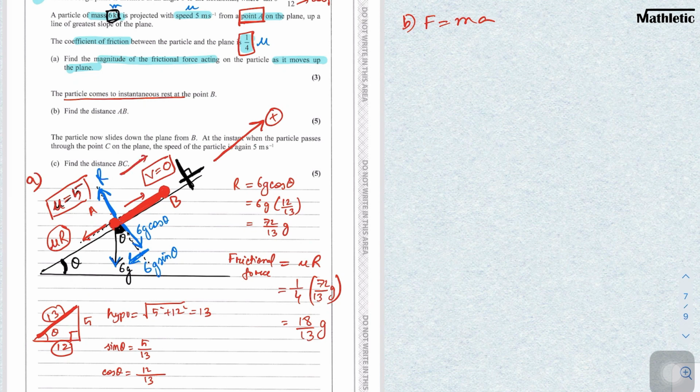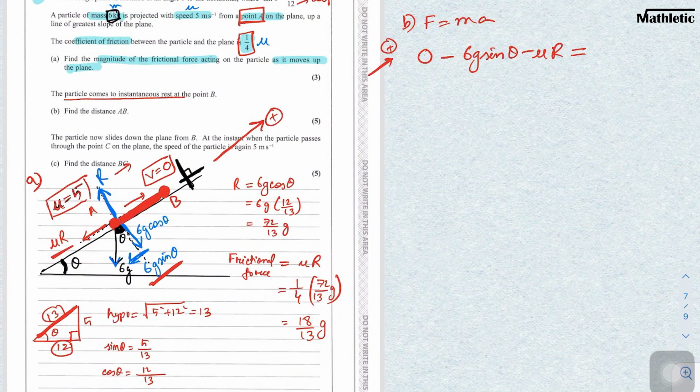So we have zero force up the plane, but down the plane we have the component of weight and the frictional force. We have two forces acting opposite to the motion, 6g sin theta and mu R.